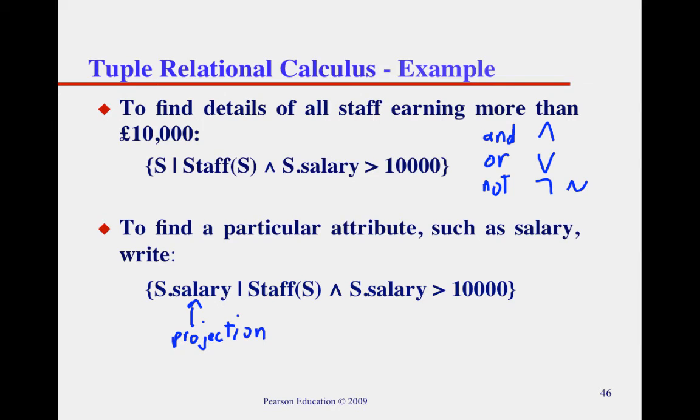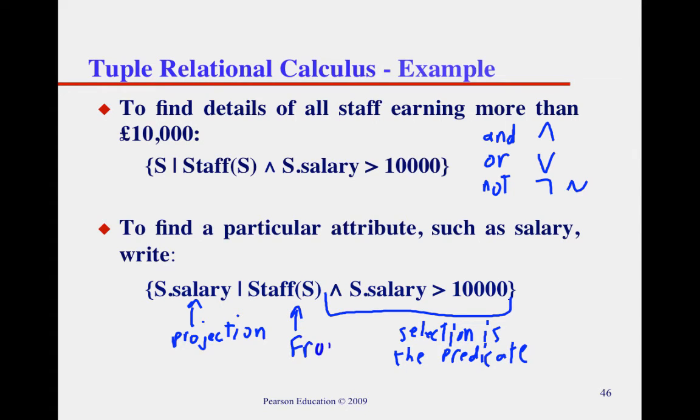And your selection is the predicate. And these are your tuple variables. So the from clause is your tuple variables. So I'm just kind of mapping SQL, what you see in an SQL statement, to what you see in the relational calculus.